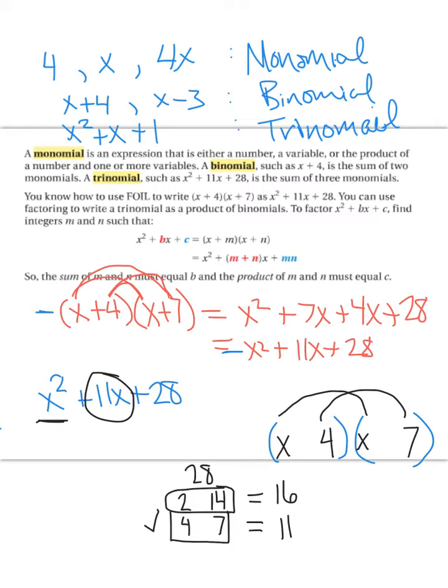Now we just need these signs. I want positives here because I have positive numbers in my trinomial. So in summary, when we have our product of 2 binomials, the last terms have to add up to our b value, and those same two terms have to be multiplied to be our c value. So add up to be b and multiplied to get c.